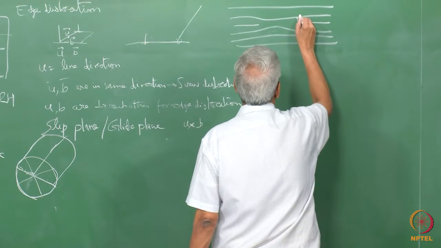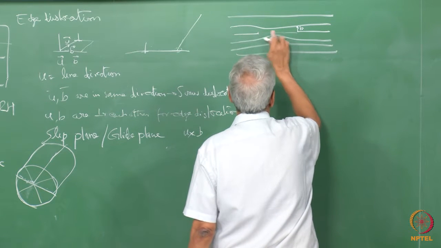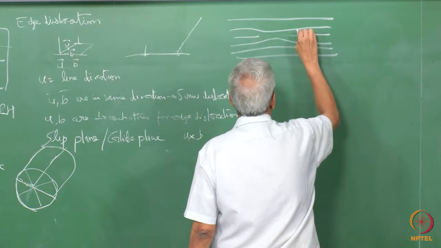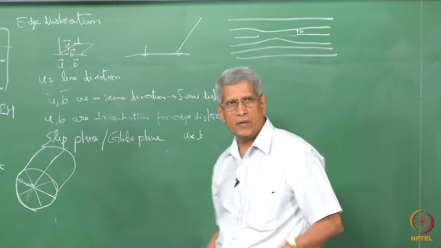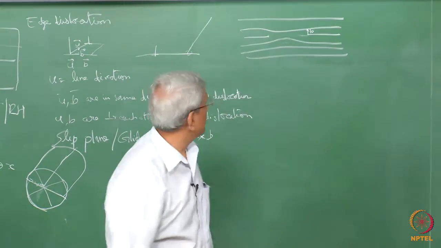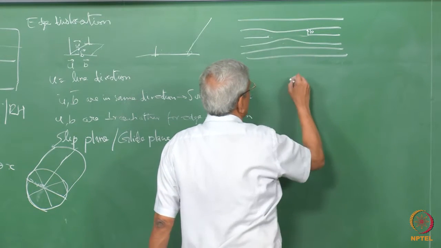This is the direction of B, and if we consider this as the close-packed plane, the line direction will be, this is essentially a loop which is being formed, because one defect layer is there, and we are only seeing a cross section of the cut section. So the line direction will be a circle going around.